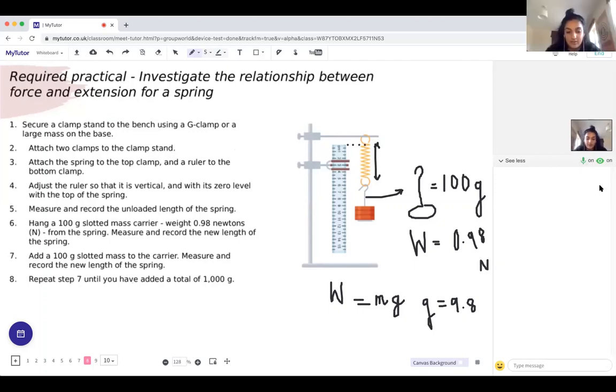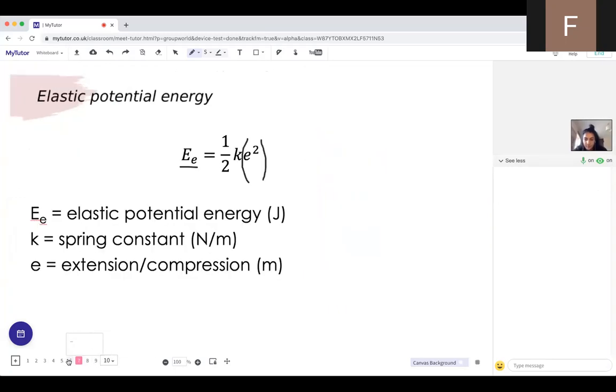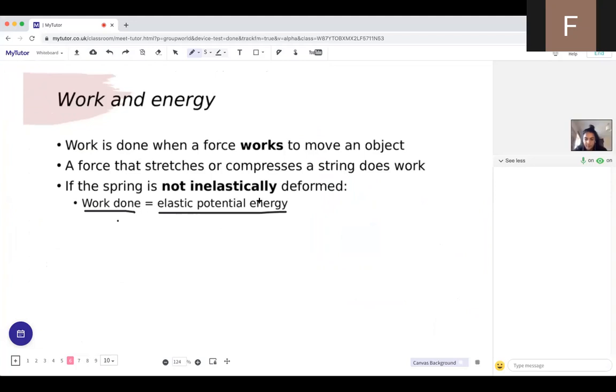Go ahead. I've got one that goes like this. When the spring is stretched to a deformed shape that it can't return to normal, is work done equal to elastic potential energy? Or does work done equals elastic potential energy apply only to the spring being changed in shape, and how much force is needed to change the shape? Okay, so work done equaling elastic potential energy only applies to elastic objects, so objects that are elastically deformed.